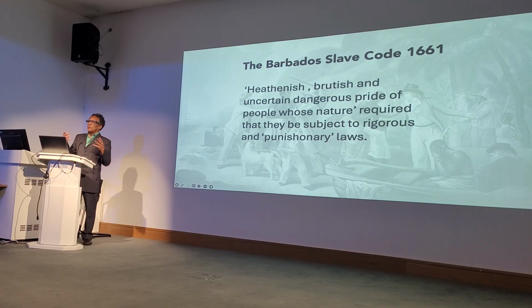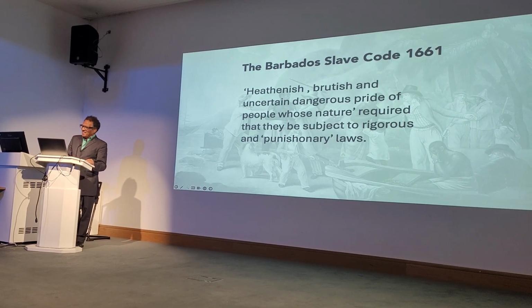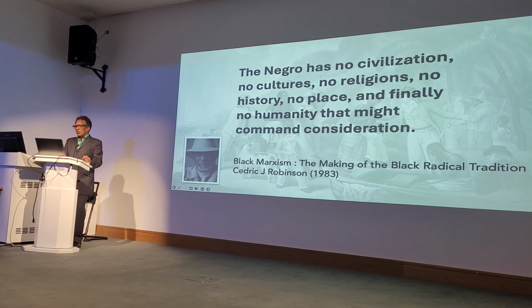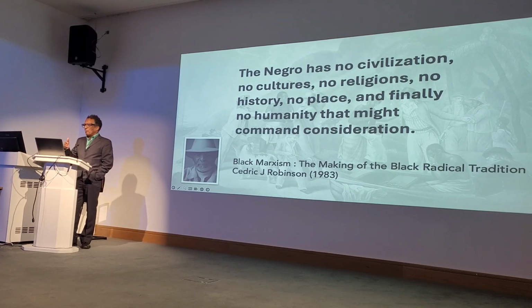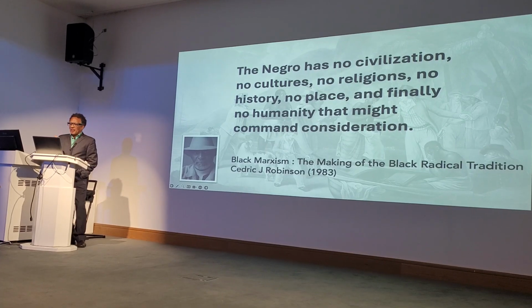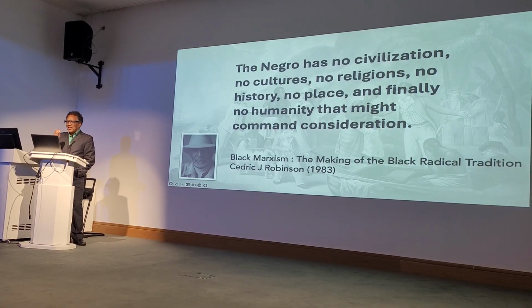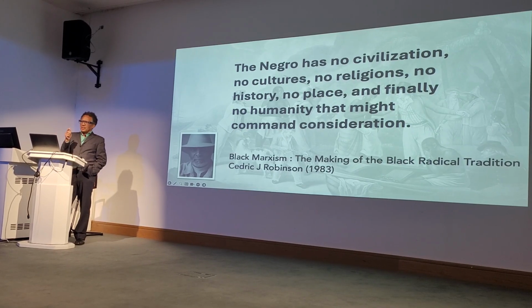So that was the way people could be kept at a distance. Violence was built into the code. And in doing so, the British in particular created what Cedric Robinson describes as the Negro: a being with no civilization, no culture, no religion, no history, no place, and finally, no humanity that might command consideration.